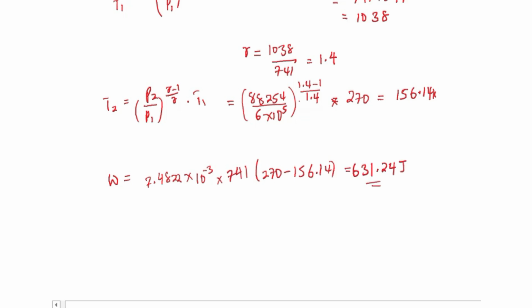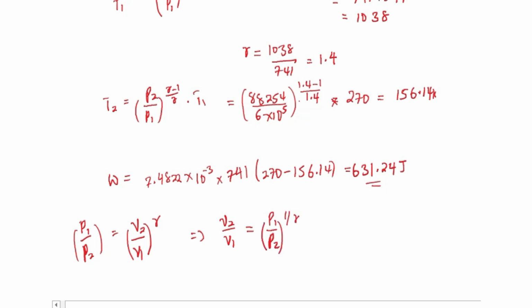Now, before finding the new height, we need to first find the volume at state 2. So we use the relation P1 over P2 equals V2 by V1 raised to the power of gamma. So that means V2 by V1 is P1 over P2 raised to the power of 1 over gamma. So that makes V2 equal to P1 over P2 raised to the power of 1 over gamma, multiplied by V1.